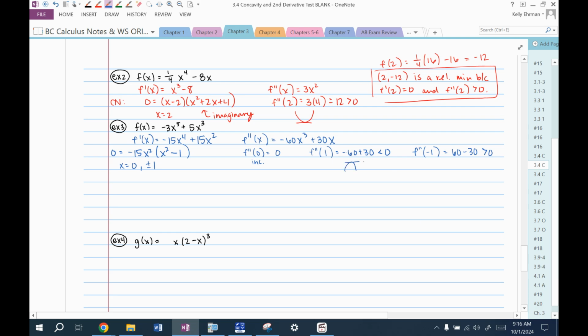So I can make conclusions about these. We're concave down and concave up. But I still need to evaluate the first derivative, at least on either side of 0. And I have to be careful because I can't go plugging in negative 1 and 1. I've got to plug in like negative 1/2.